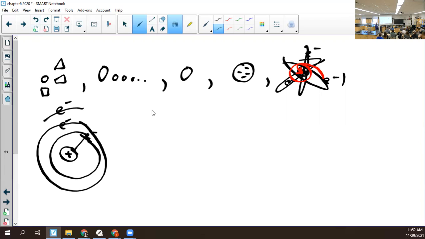Okay, so Bohr was super right, and his math is super right, but he's also way wrong. All right. And so they did more studies, more math, and they've come up with the nucleus is still positive. It has protons and neutrons in it.